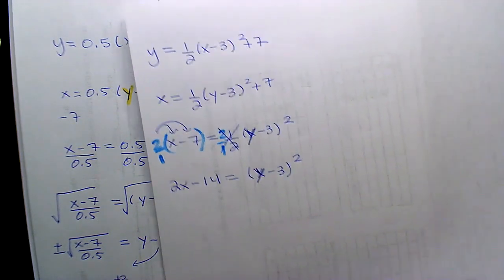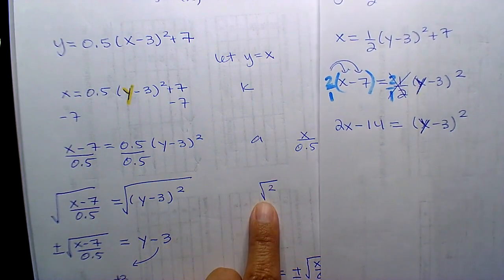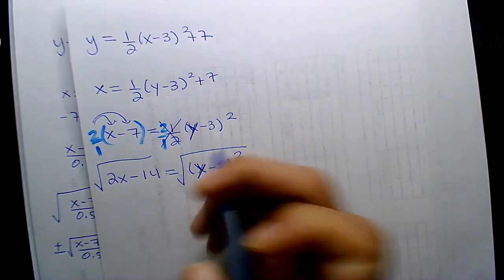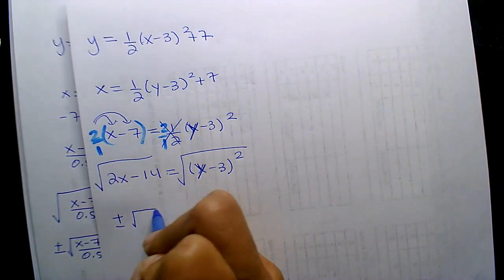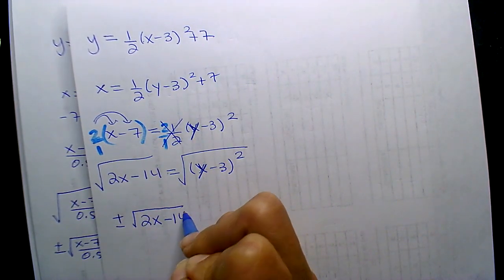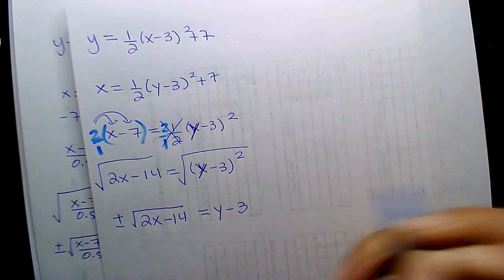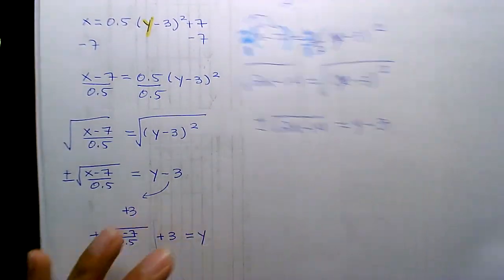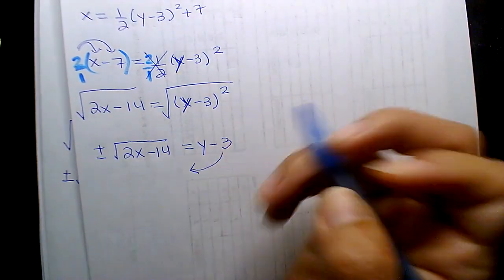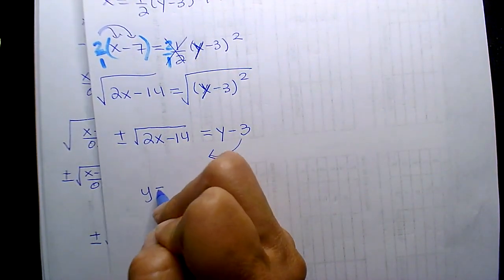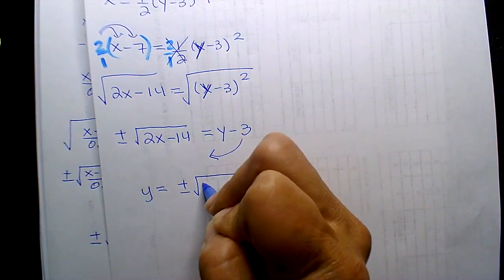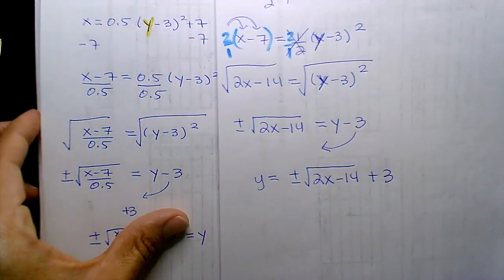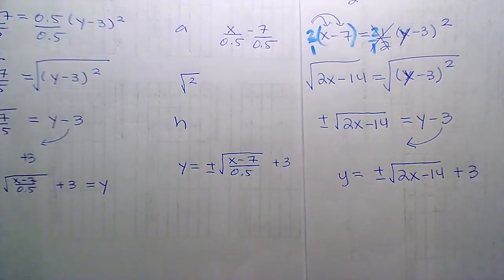Okay, and so then afterwards you said, after the A, we're going to square root. So you square root, and I get plus or minus the square root of (2x minus 14) is equal to y minus 3. And then you agreed, go for the h. Take that h over, and so you get y is equal to plus or minus the square root of (2x minus 14), plus 3, and that is equivalent to what we have over here.